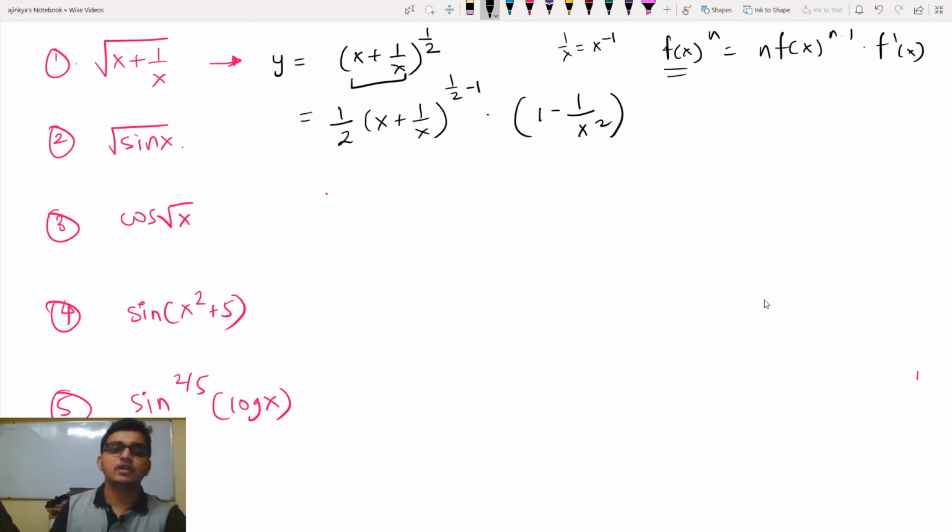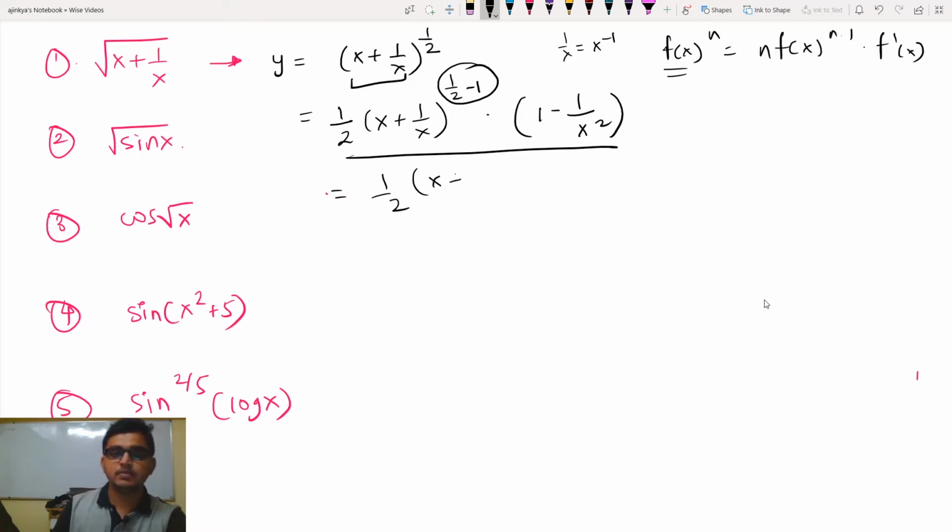So this is your final answer, and in one step we have got it. So we just need to simplify this. So it will be 1 upon 2 x plus 1 upon x raised to minus 1 by 2 times 1 minus 1 upon x square. So this is your final answer.